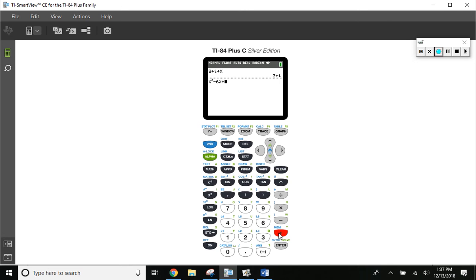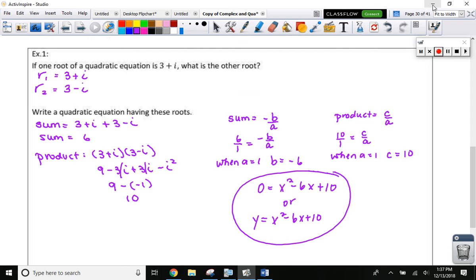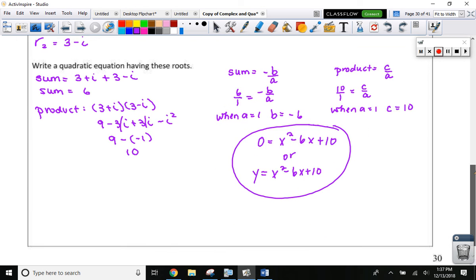And what should my answer be if I'm right? 0. Boom. I could certainly check the other one, but we know they come in pairs, so if that one works, the other one has to work. Good there? Questions? So you should know on your test, right or wrong, before you even leave. If you're wrong, you just have to try to find a mistake.